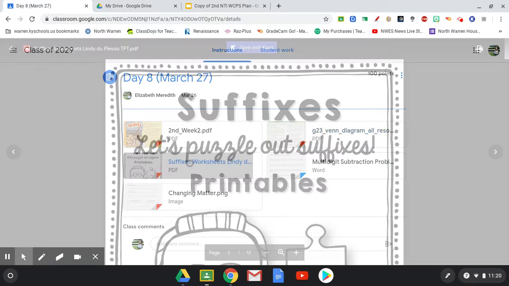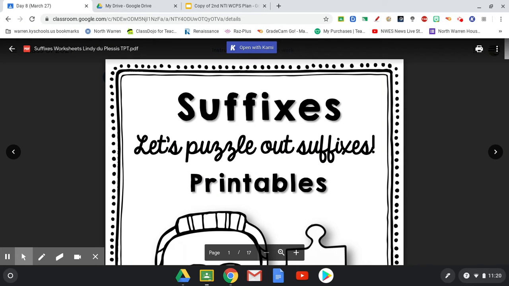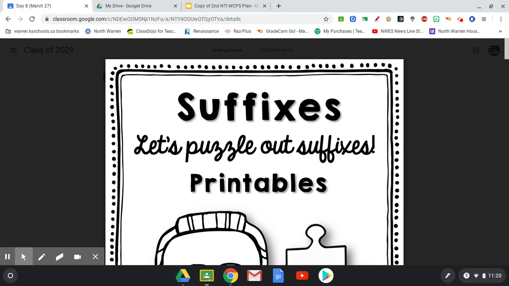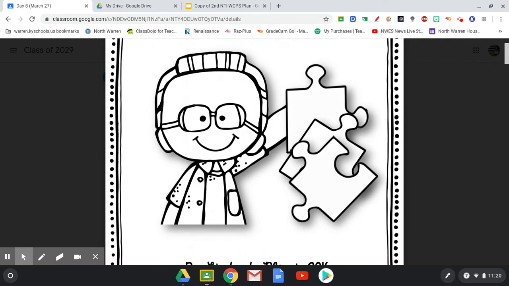And then after that, you're going to be working on suffixes. So the last 2 days, you should have been looking at the suffix PowerPoint, watching the suffixes YouTube videos, learning about how when some letters are added to the end of the word, it's going to change the whole meaning of that word, okay?